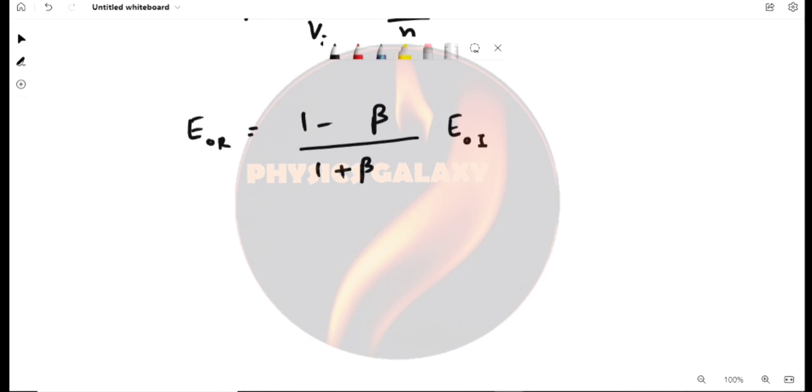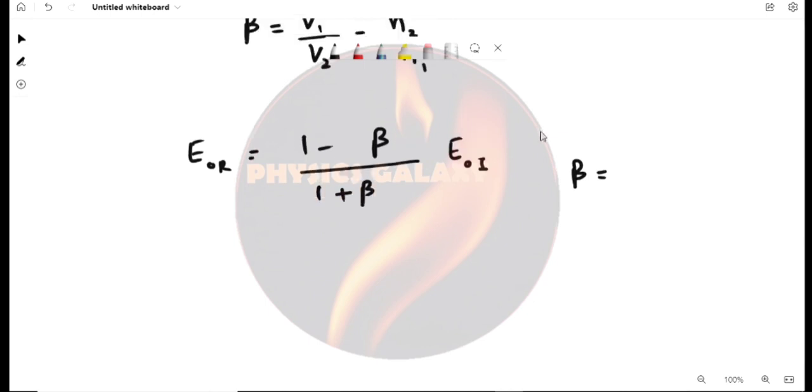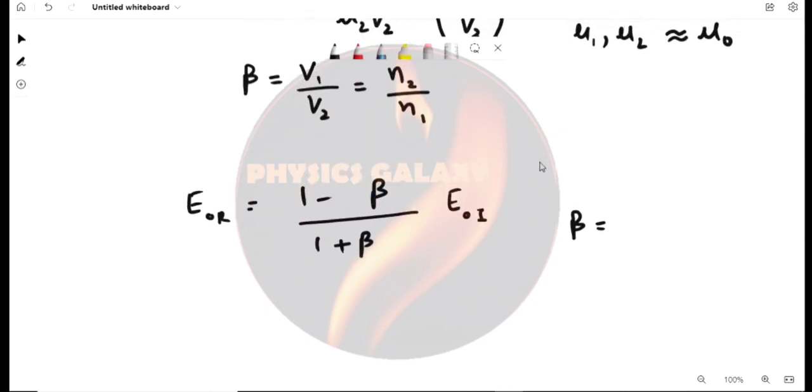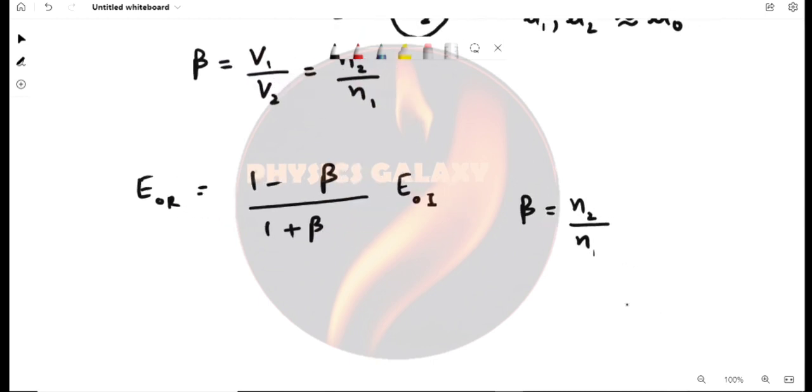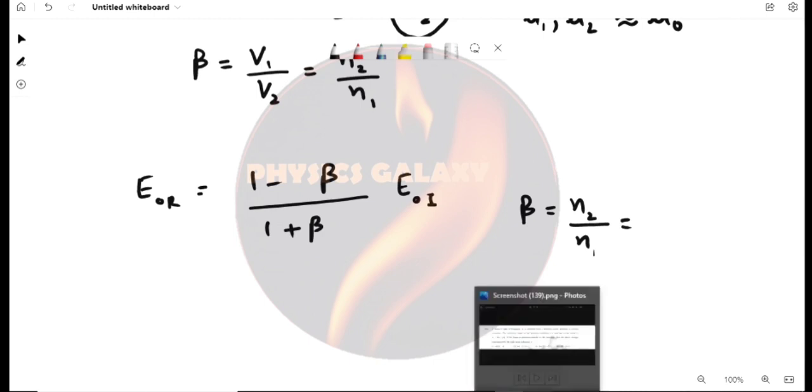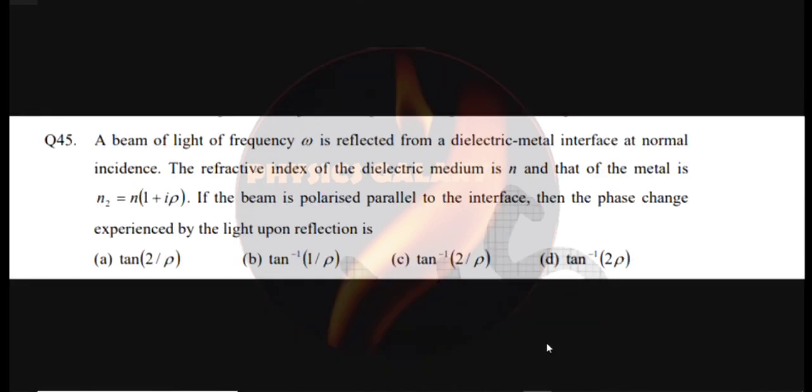Now beta, as we have already written, is n2 by n1. So n2 here means the refractive index of the metal divided by the refractive index of the dielectric medium. N2 is given already in the question: the refractive index of the metal is n times 1 plus iota rho, and for the medium it is given by n.